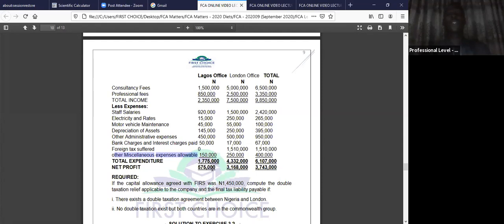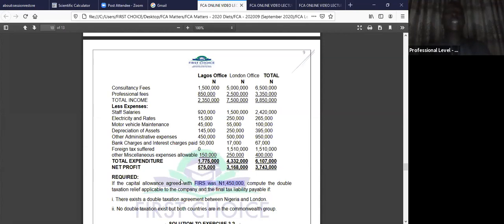Net profit, we have to adjust it. All right, required. We are required if the capital allowance agreed with the FIRS was this amount. Of course, you know, we have to deduct our capital allowance in place of depreciation.